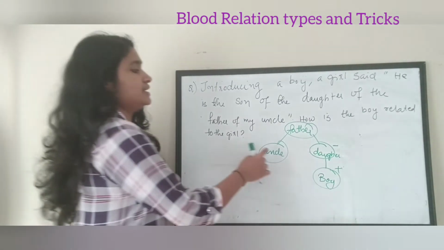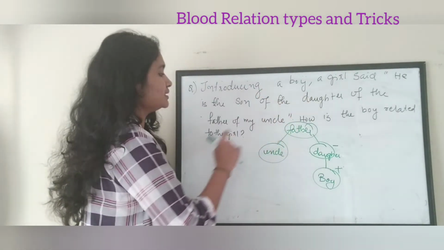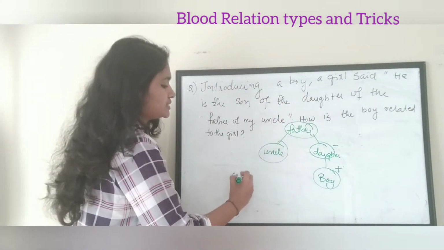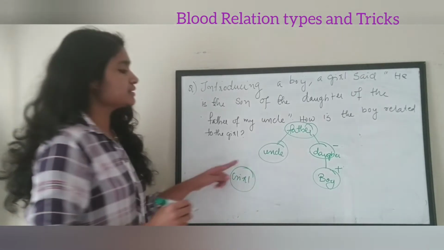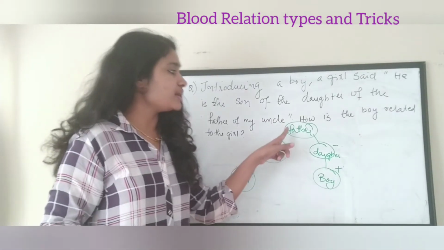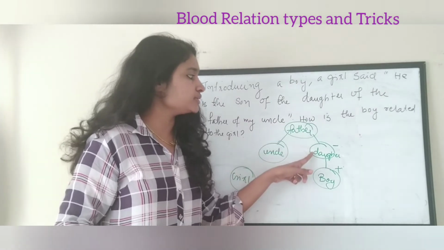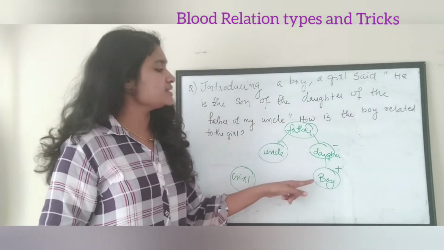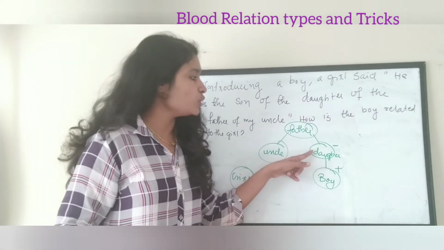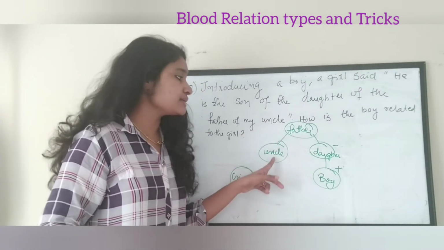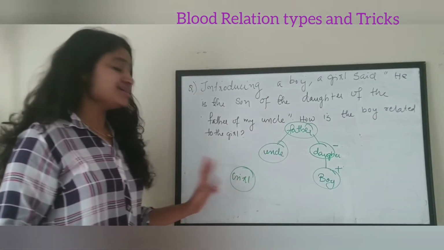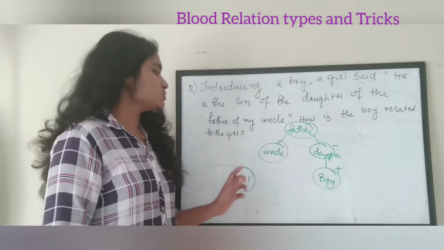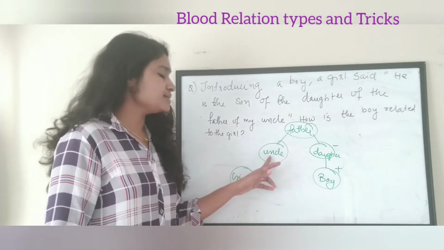Now, whose uncle is this? The girl's uncle, right? So there is a girl, and the girl's uncle's father and the father's daughter is the mom of the boy. Or in reverse, we can say he is the son of the daughter of my uncle's father. So the girl is saying these statements, right? So the girl's uncle is this.